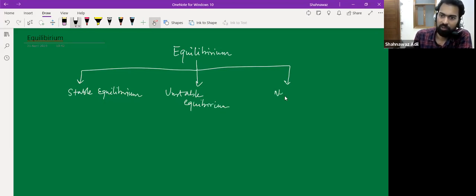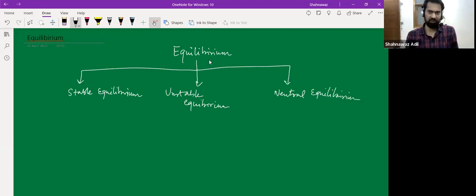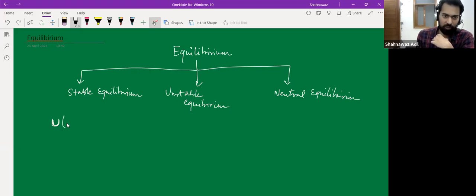And the third one is the neutral equilibrium. Whenever this type of question is asked, they will give the form of some potential U. By looking at the potential, let's say it is K by R square plus B by R cube, something like that.